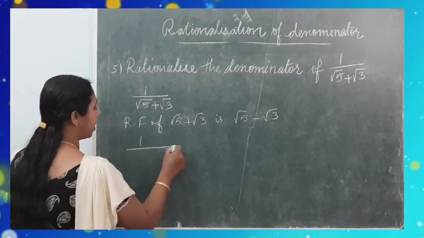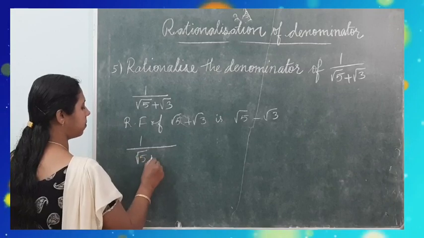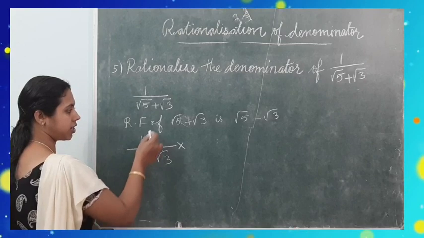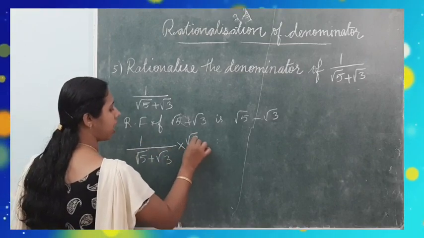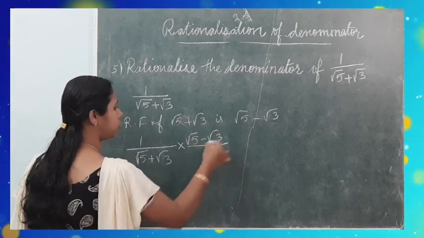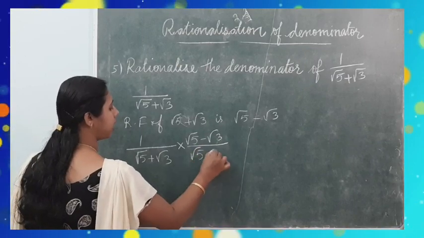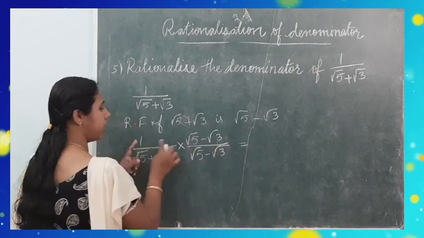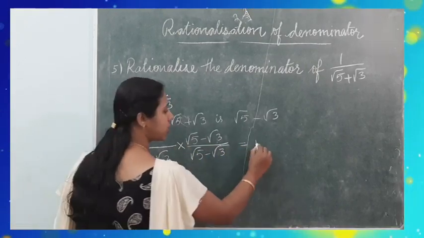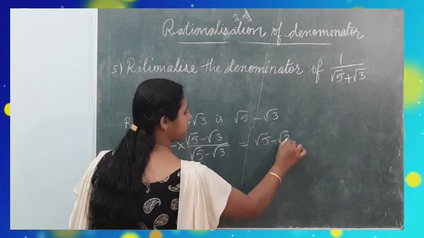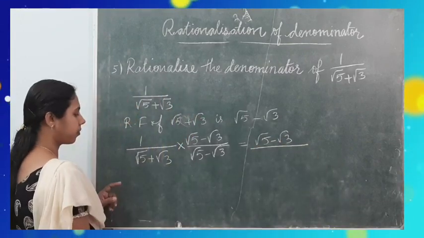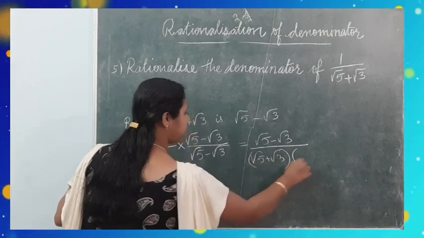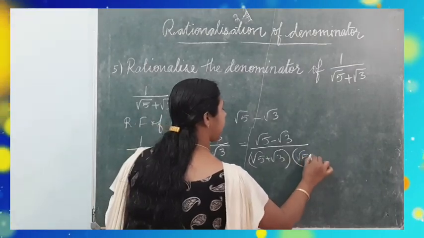So 1 by root 5 plus root 3, multiply the numerator and denominator by the rationalizing factor, that is root 5 minus root 3 into root 5 minus root 3, which is equal to 1 into root 5 minus root 3 is root 5 minus root 3 divided by root 5 plus root 3 into root 5 minus root 3.